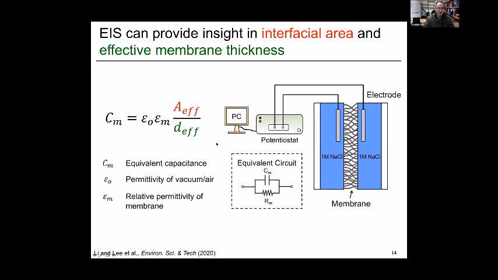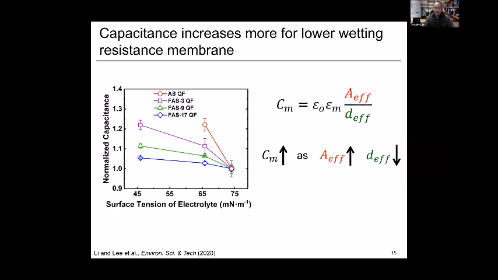If we recall the classical formula for capacitance, the capacitance can be expressed using the effective area of the liquid-vapor interface, as well as the actual gap distance between these 2 solutions. These are the normalized measured capacitances of those 4 different vapor gap membranes.